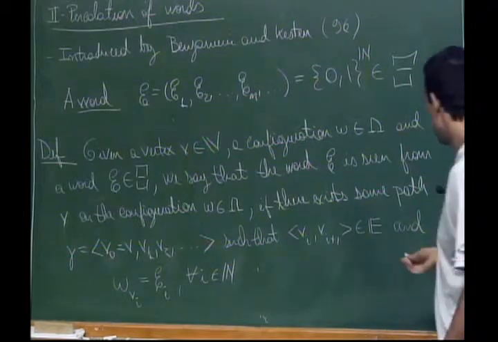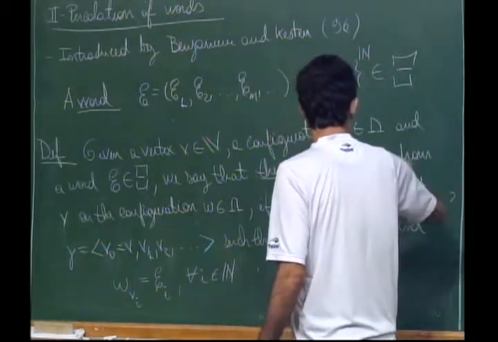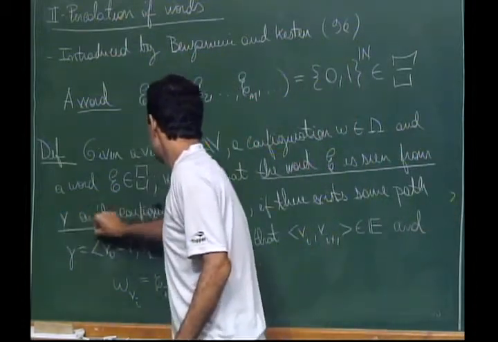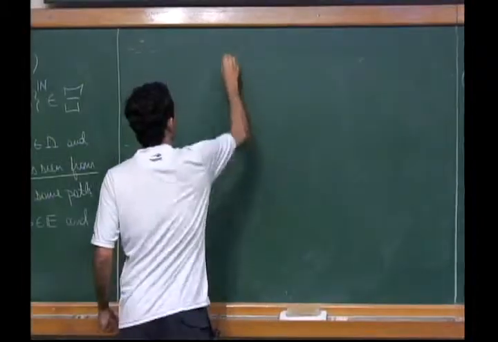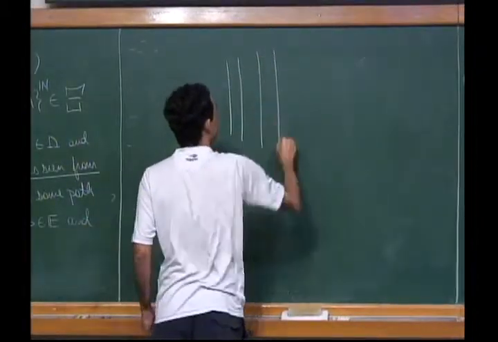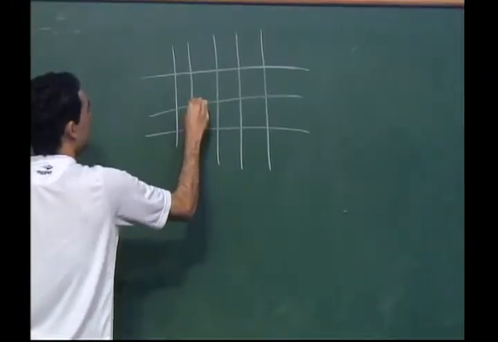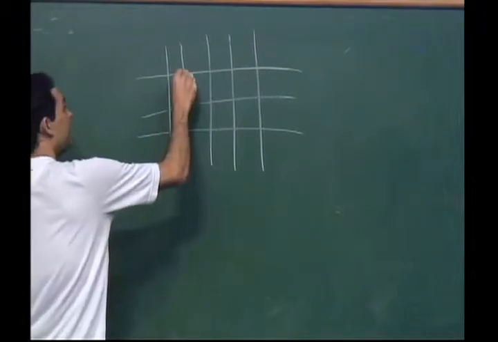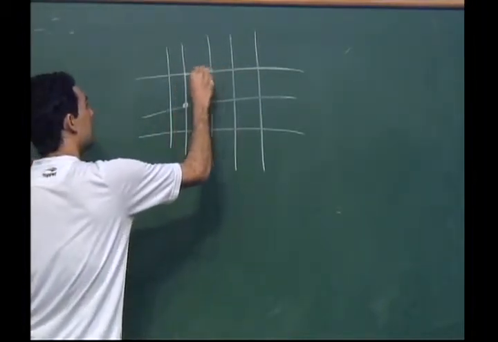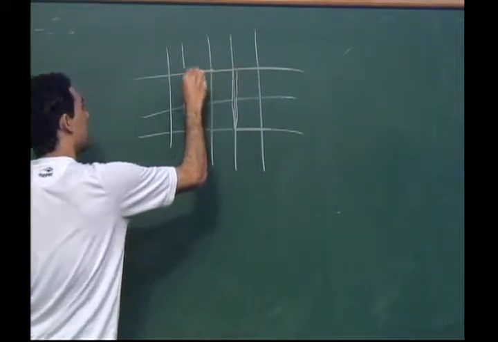Now I'm defining what it means that the word xi is seen from v on the configuration omega. That is, let's suppose that here is v. Then I have some path, for example.